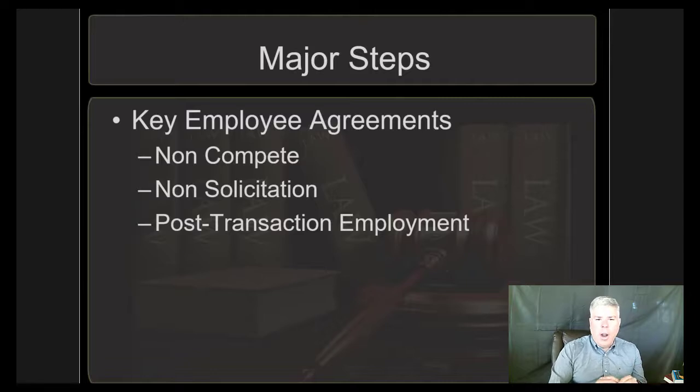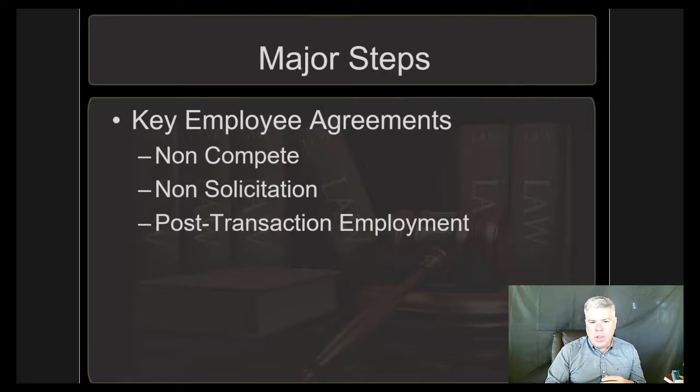You're also going to want to negotiate, as we mentioned earlier in this lecture, the key employee agreements, so a non-compete and non-solicitation. Non-compete is essentially that employees can't compete against your existing business. Those are enforceable in most states. Most notably, they are not enforceable in California unless it's the seller selling the business, in which case that non-compete is enforceable.